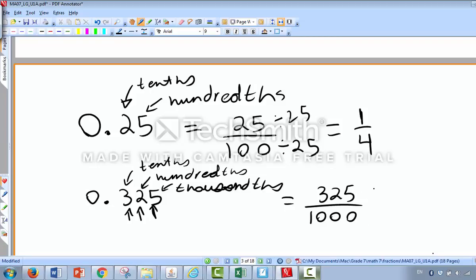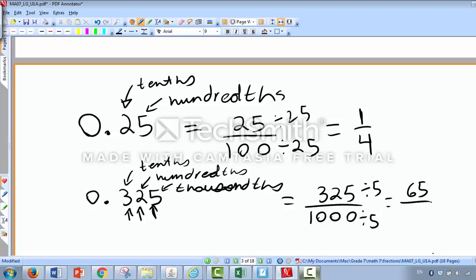Okay, again, this is not going to be full marks. We need to reduce this. The very first thing I can see that divides, the thing that's shouting out at me, is 5. I can divide the numerator and the denominator by 5. So even though that's not a very big number, I might as well just start with that. 325 divided by 5 is 65.